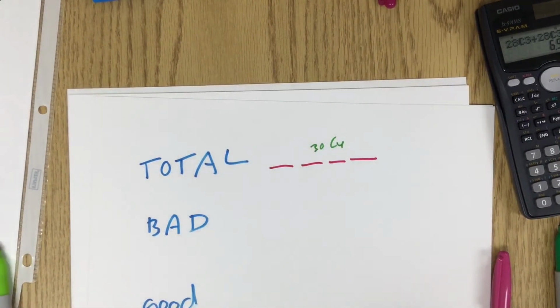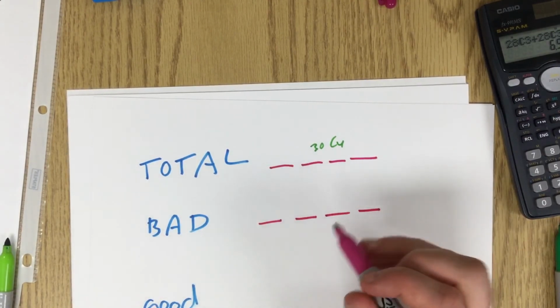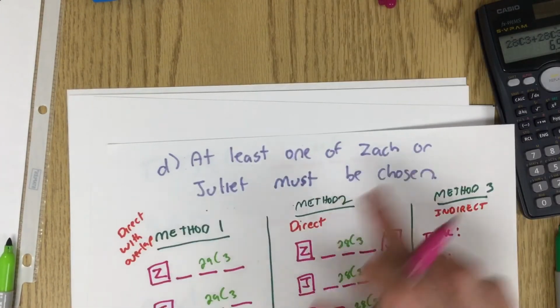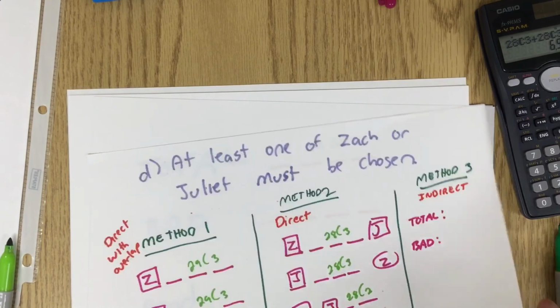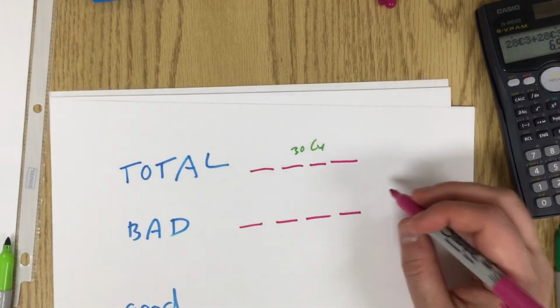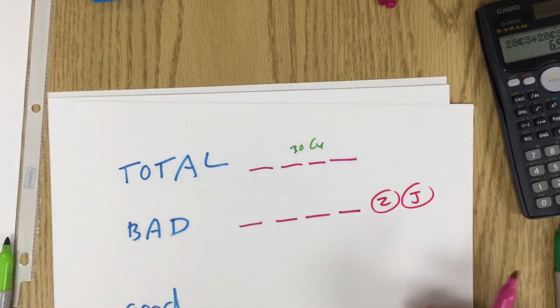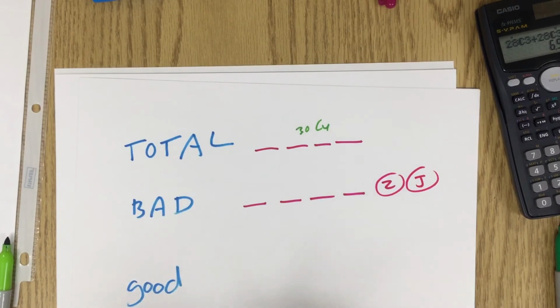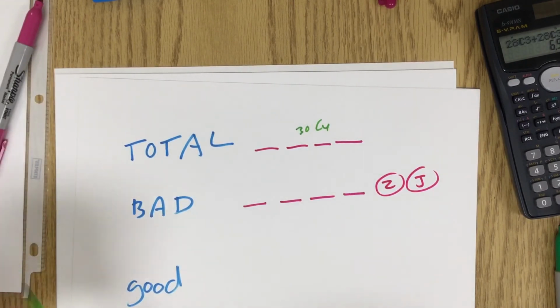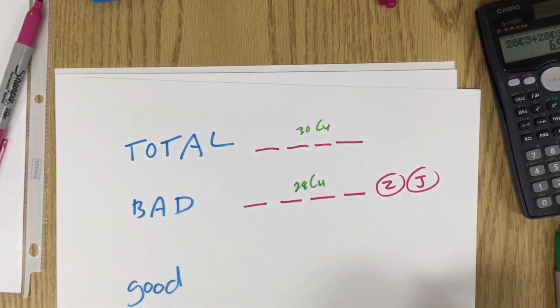So the total is just selecting any group of 4, and that's going to be 30 choose 4. What does a bad one look like? What we want is at least one of Zach or Juliet to be chosen. So bad would be that neither of them is chosen. The only way to not have at least one is for both of them to not be chosen. And the number of ways for them both not to be chosen is 28 choose 4.